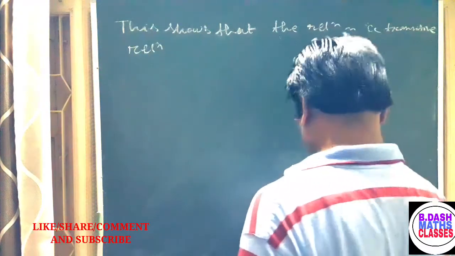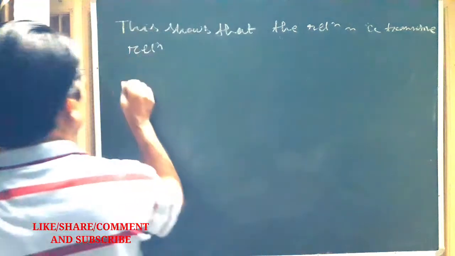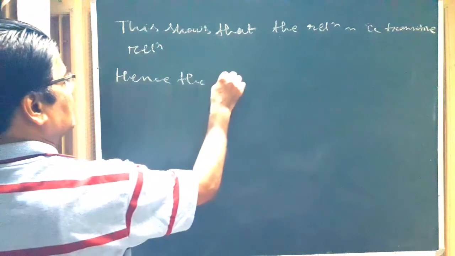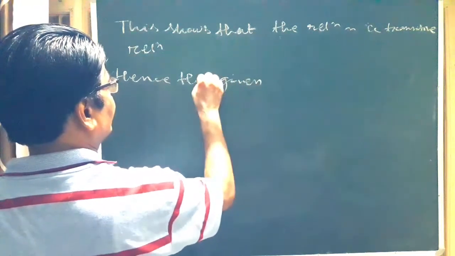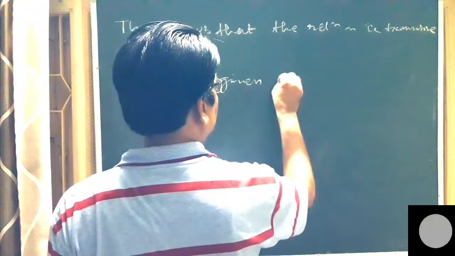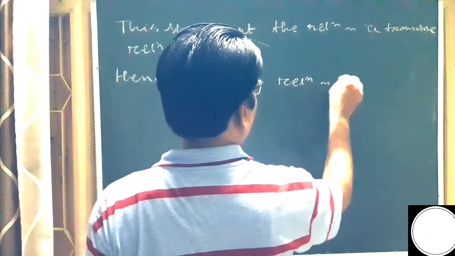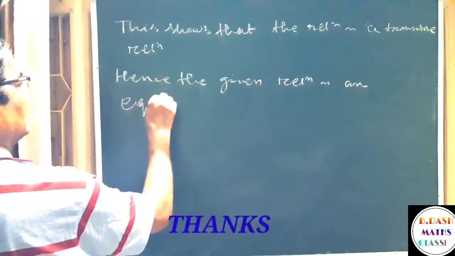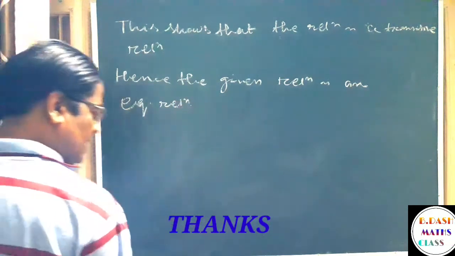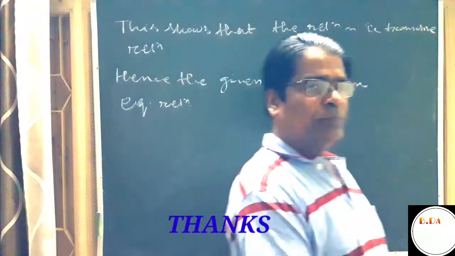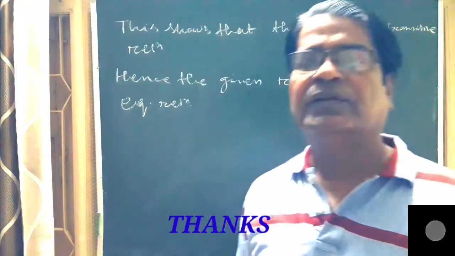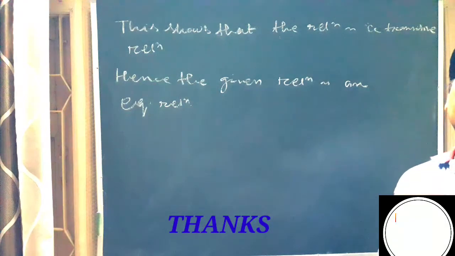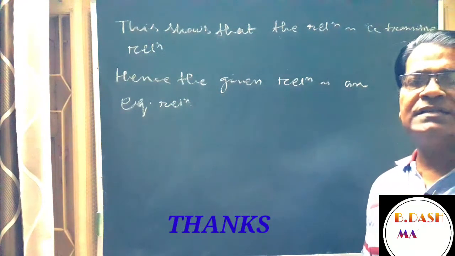Hence, the given relation is an equivalence relation, because a congruent to b mod H is reflexive, symmetric, and transitive. So that is why it is an equivalence relation.